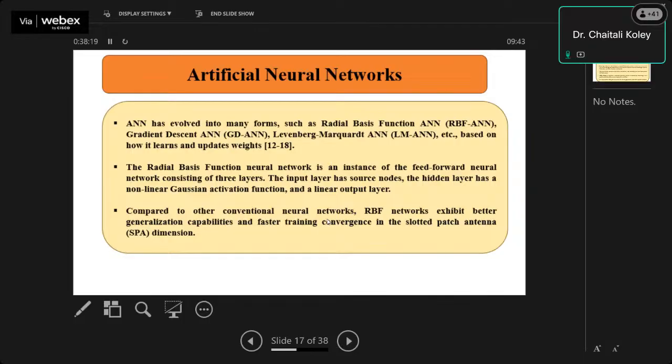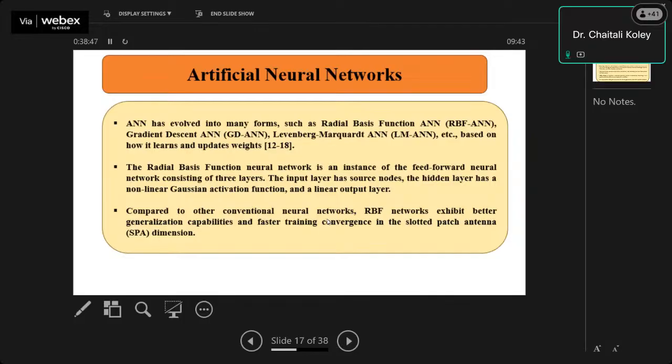Mainly, we can see that the radial basis function neural network is an instance of the feed forward neural network, which has 3 layers. One layer is known as the source node, another is the hidden layer, which has a nonlinear Gaussian activation function, and then the linear output layer.